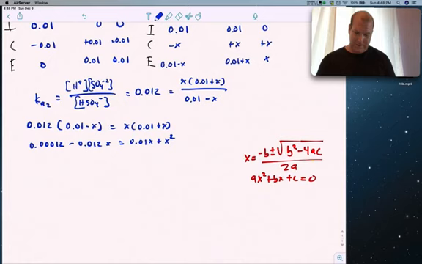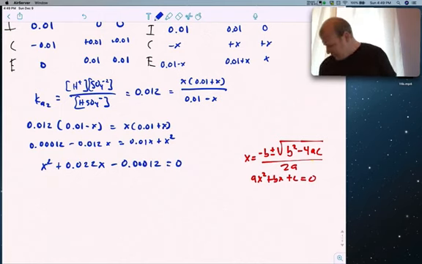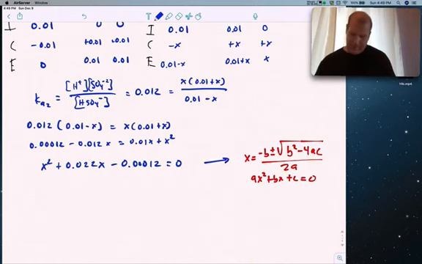Okay, and now we have to get the other variables on the other side. So this is going to be x squared, and we add the 0.012, plus 0.022x minus 0.00012 equals 0. And then we have to put it into the quadratic equation.